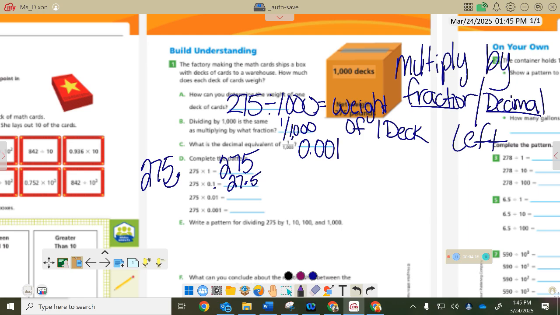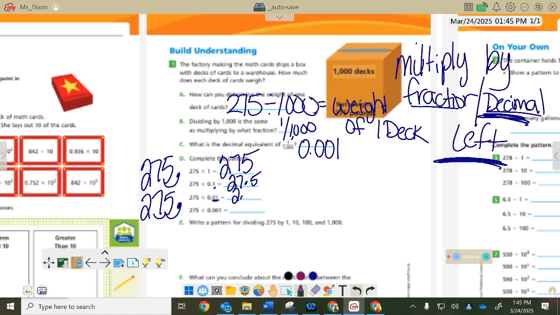For our next one, we're doing 275 times 1/100. That is a decimal, so we move to the left. There are 2 digits behind the decimal, so we move 2 places.